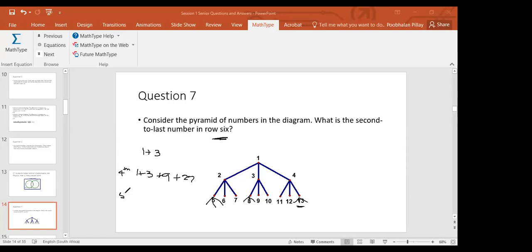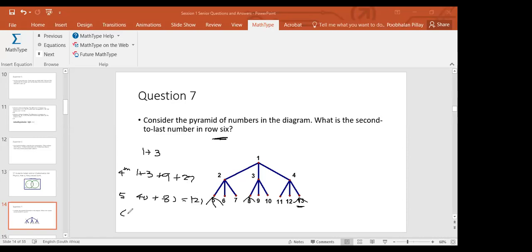In the 5th row, you got 1 plus 3 plus 9 plus 27. That's 40. Plus, the next one will be 81, because each of these 27 will have 3 prongs to it. So that's 121.